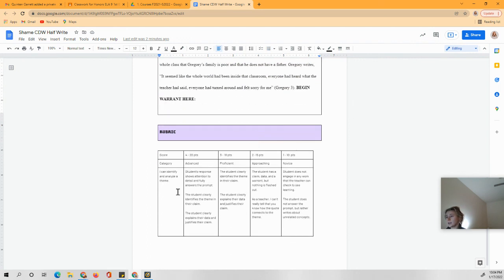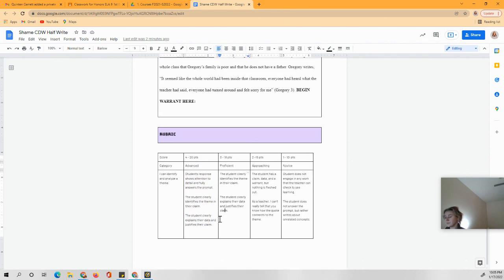I'm going to be grading you via this rubric for mastery. Okay, so are you fully answering the prompt? You're clearly identifying the theme, and are you clearly explaining the data and justifying your claim? Okay, that's what I expect. To get the full 20 points, that's what I want to see.